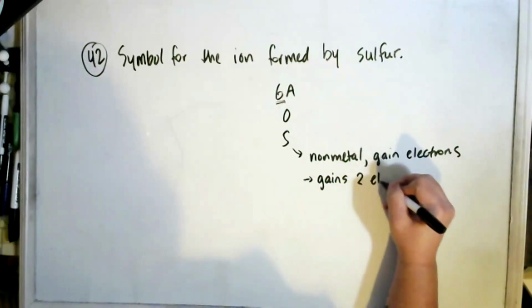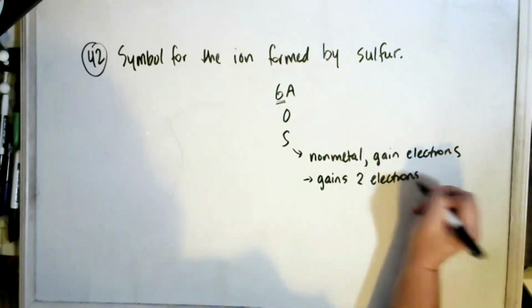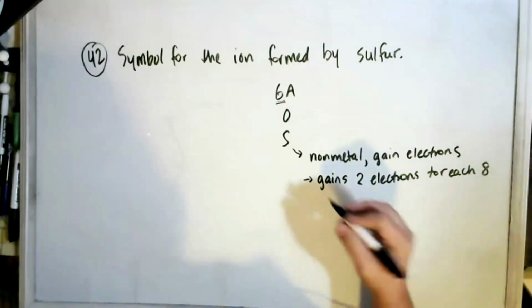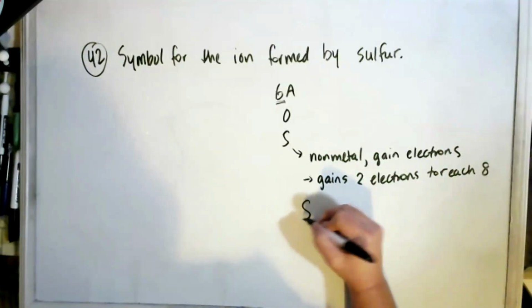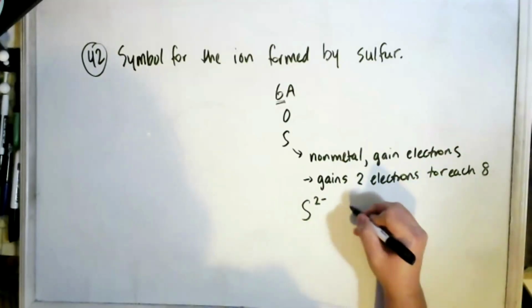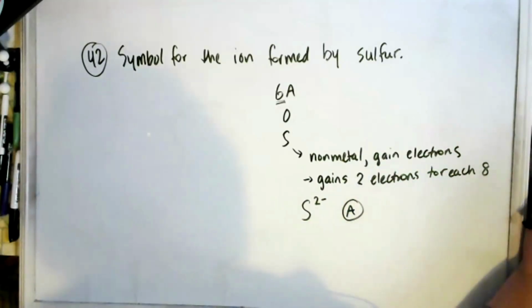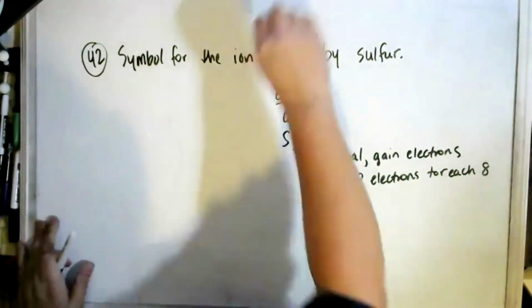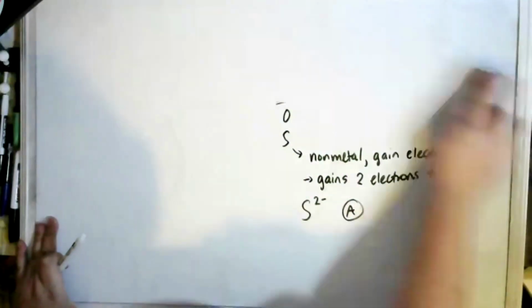Okay, gains 2 electrons to reach 8. So our final symbol is going to be sulfur with that -2 charge. All right, next question.